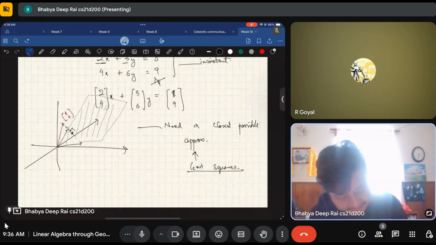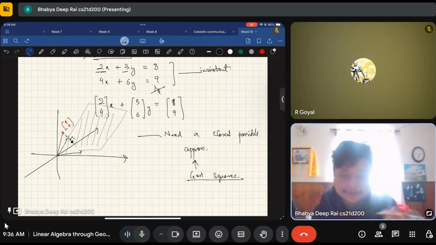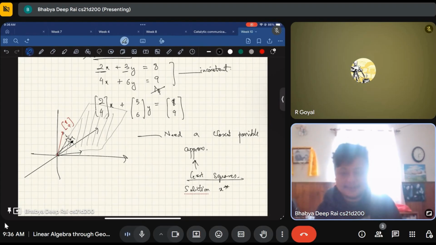By the way, this is not exactly the least square solution. What is the least square solution? It is a solution, remember, to a system of equations, it is a bunch of coefficients. So this is not the least square solution. Let's say the least square solution is x star.